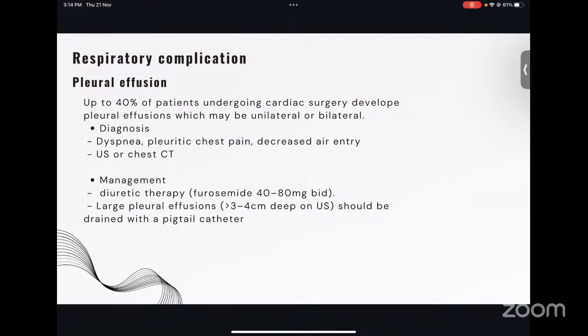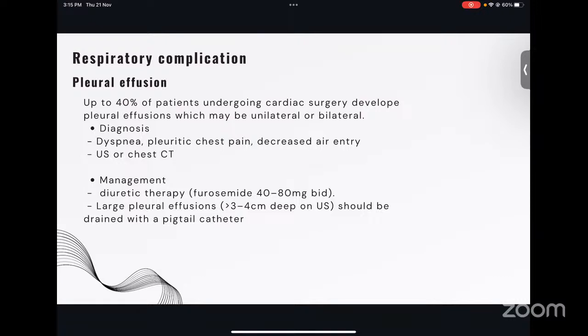It is often asymptomatic, but the patient may present with dyspnea, pleuritic chest pain, decreased air entry, and dullness on percussion. It may be difficult to distinguish between consolidation and effusion on chest X-ray, but a meniscus is suggestive of pleural effusion, and an air-fluid level is diagnostic of hydropneumothorax.